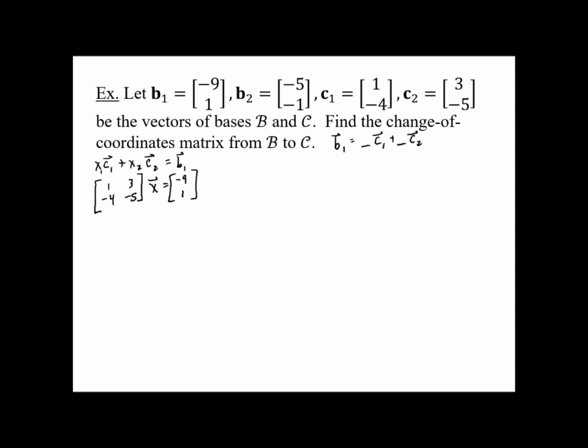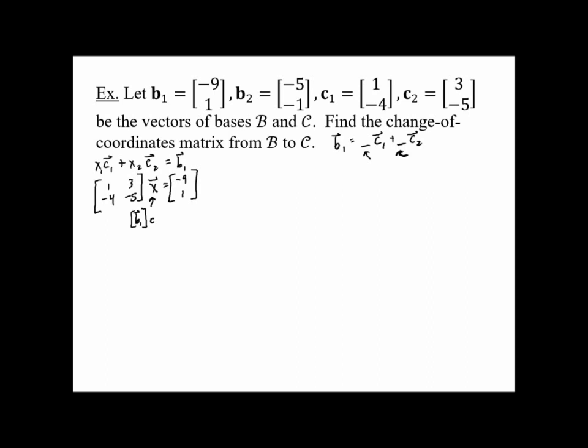This is then going to give me, I'm not comfortable using those x's, but basically this right here is going to be the C coordinates of B1. That right there is going to be the coefficients for C1 and C2 that will give me B1. So it's going to be the way of describing B1 in terms of the basis C.